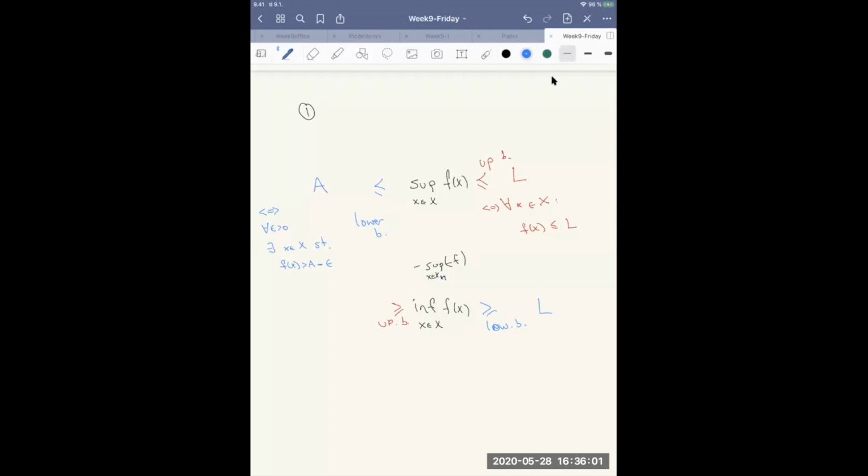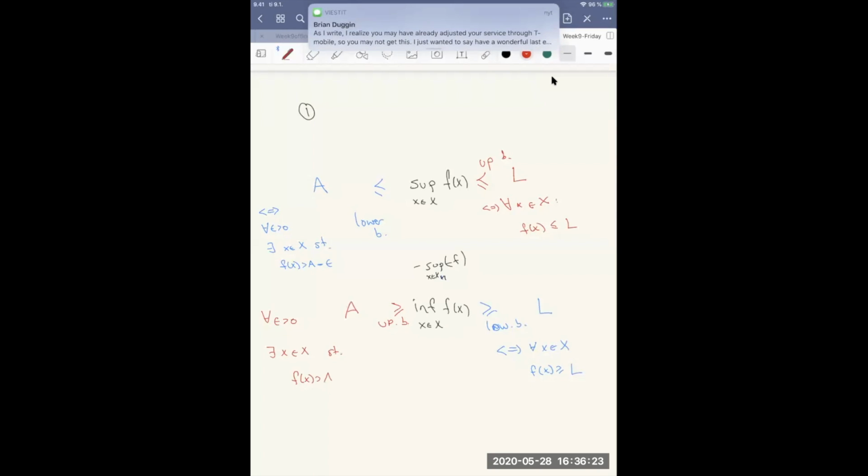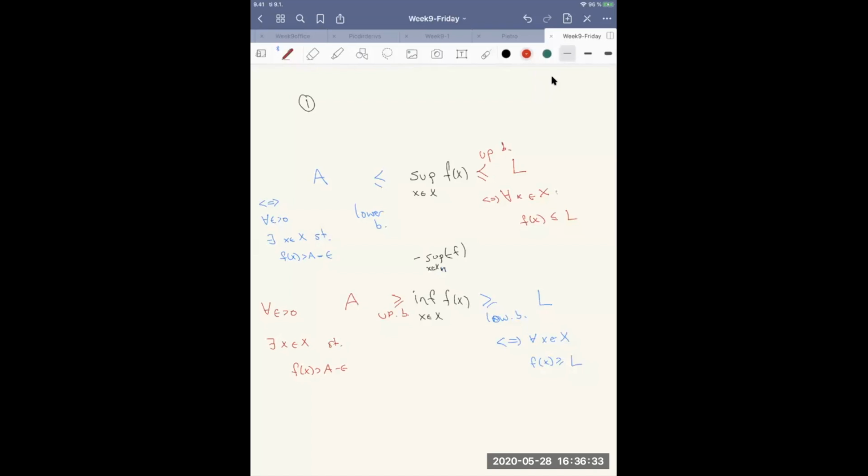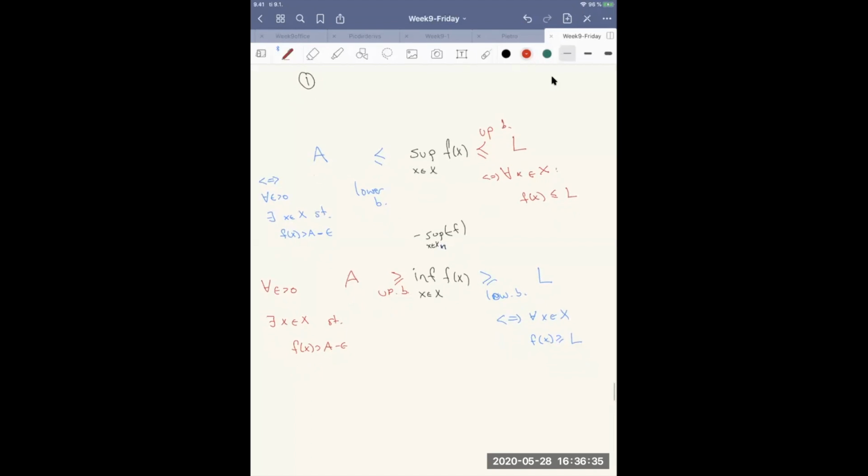Saying that something is a lower bound means that for all elements in the space, f of x is bigger than or equal to L. Upper bounds are, in a sense, the harder ones because they mean that for all epsilon positive, there exists an x in your set such that f of x lies between the infimum A and A plus epsilon.